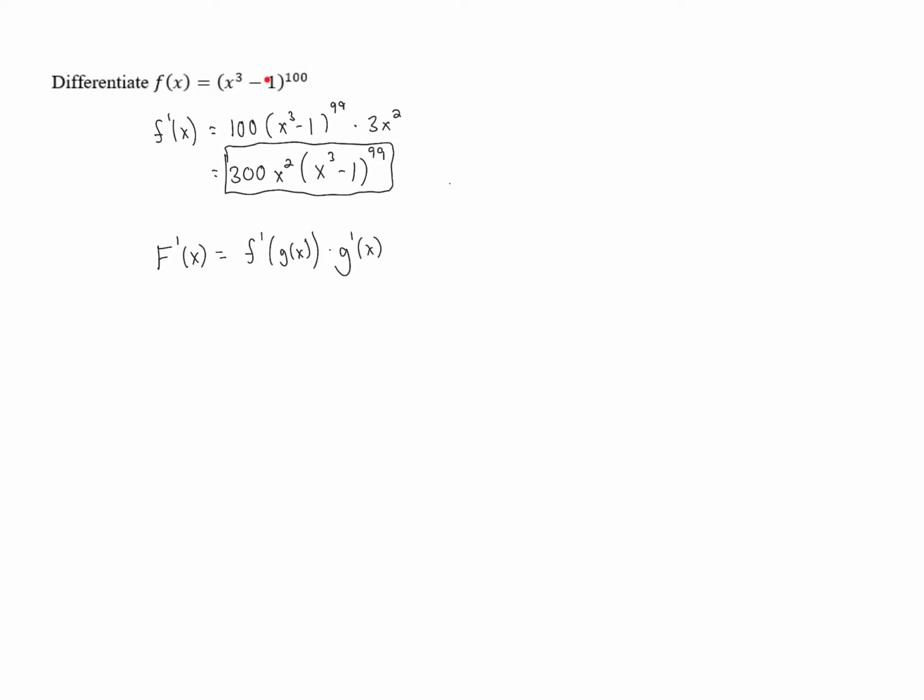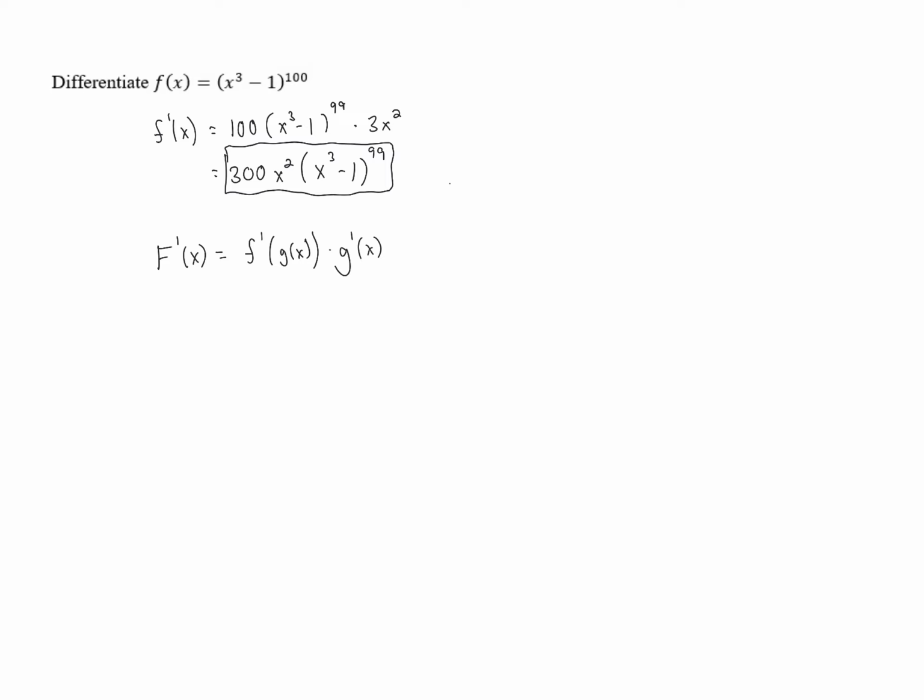The outer function was something to the 100th power. So the derivative of that is 100 times that something to the 99th. We took the derivative of the outside, but we kept the inner function in it, right? We're taking the derivative with respect to that inner function, and then we're multiplying by the derivative of the inner function, which in this case, the derivative of x cubed minus 1 is 3x squared.